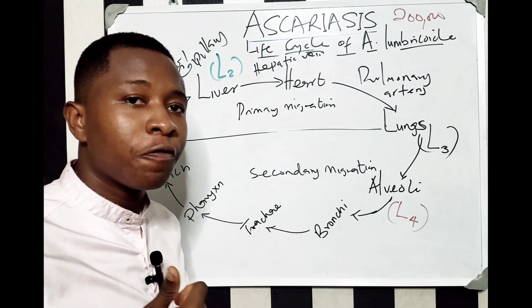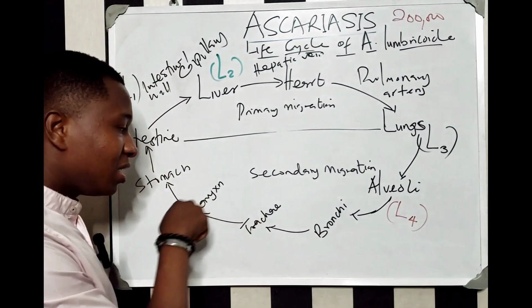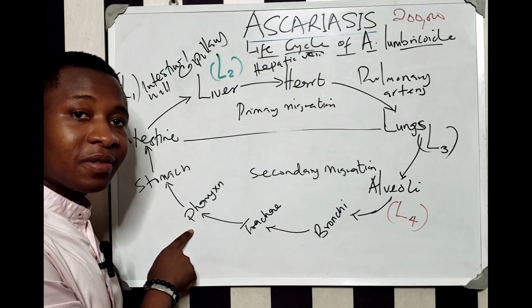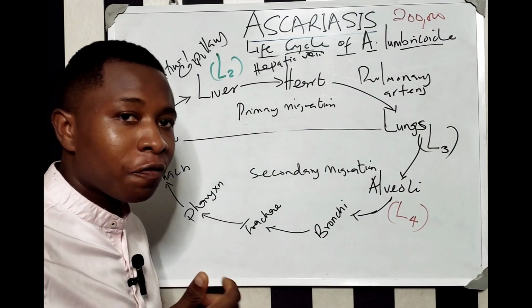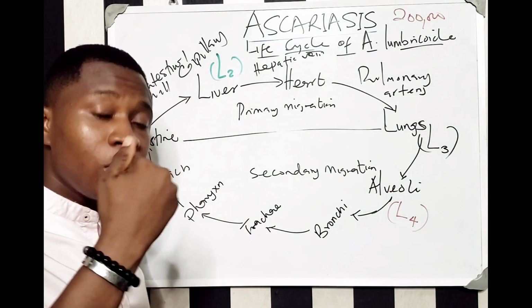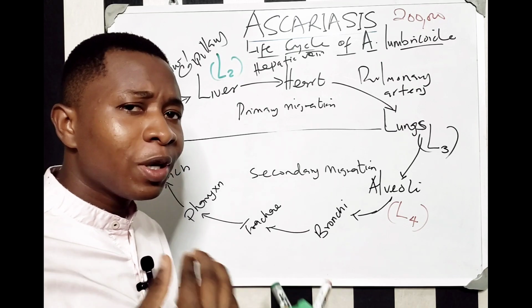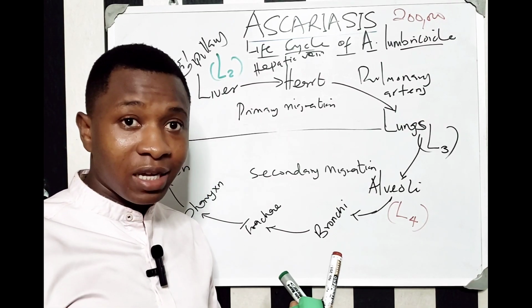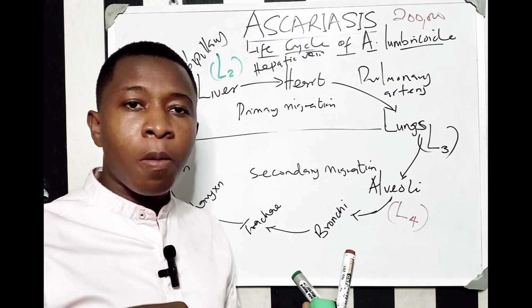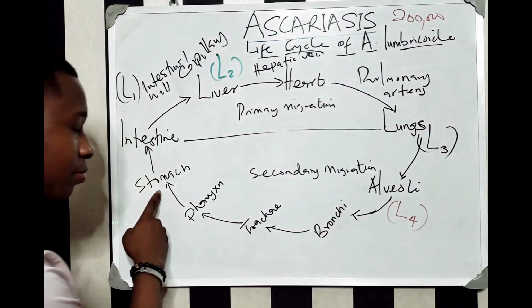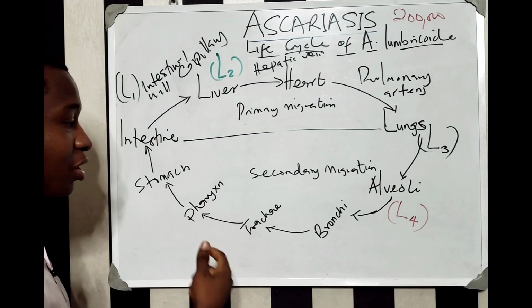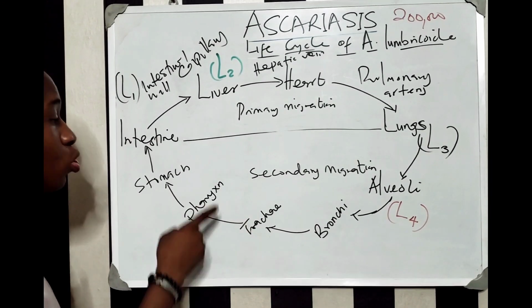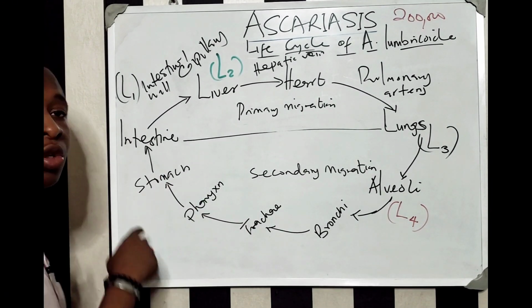And then when you cough the larva into the pharynx, most times when people cough, they do not spit it out, they swallow it back. Now when you cough and swallow it back, you're just doing the worm good, because you are pushing the worm back into your system for it to mature. So it goes directly to the stomach.